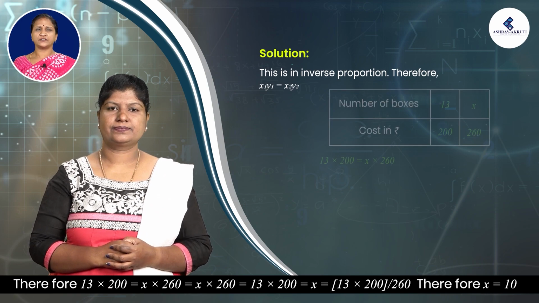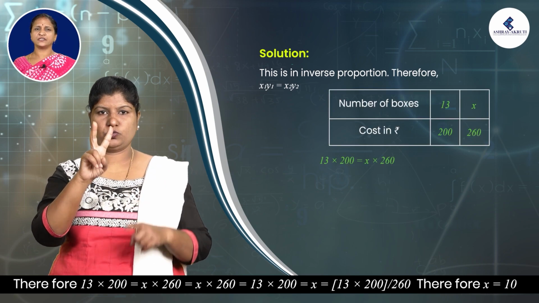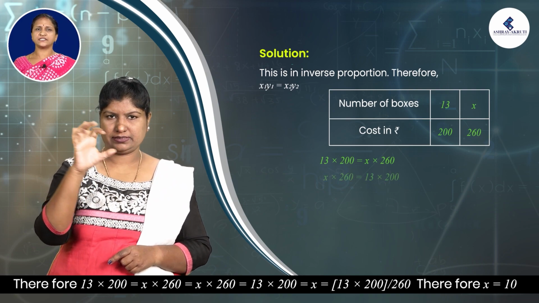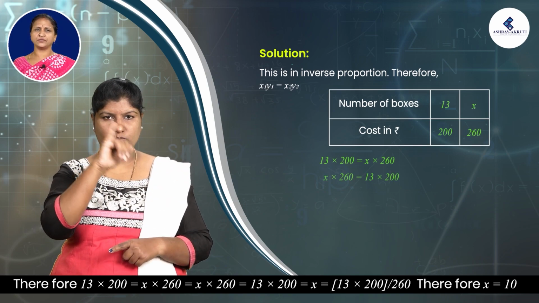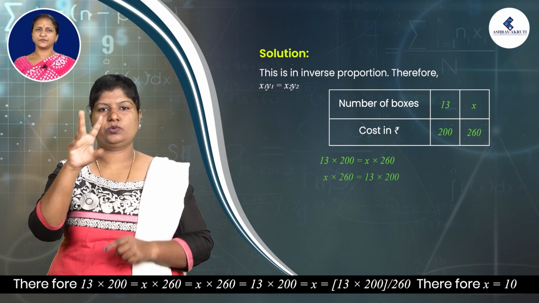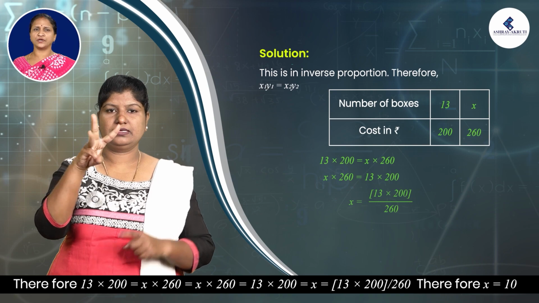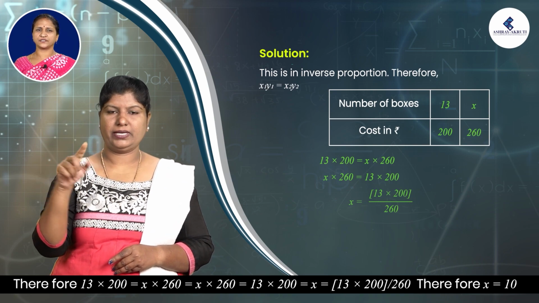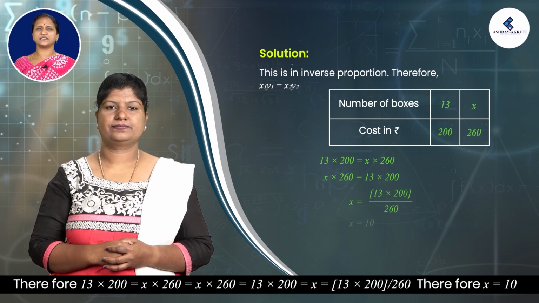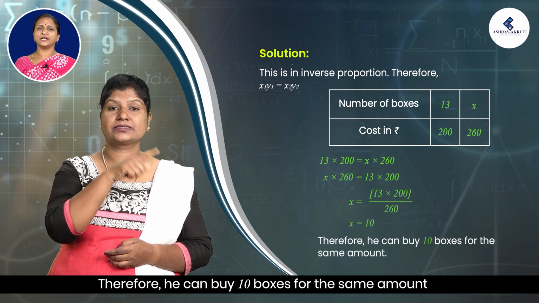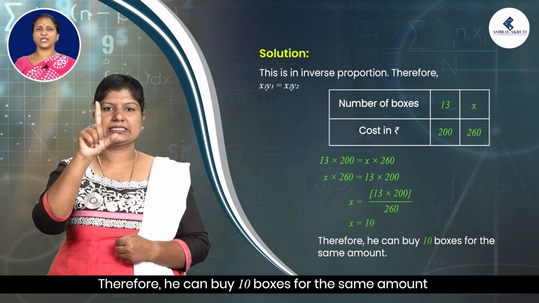Therefore, 13 into 200 is equal to x into 260. That gives x is equal to 13 into 200 by 260. Therefore, x is equal to 10. Therefore, he can buy 10 boxes for the same amount.